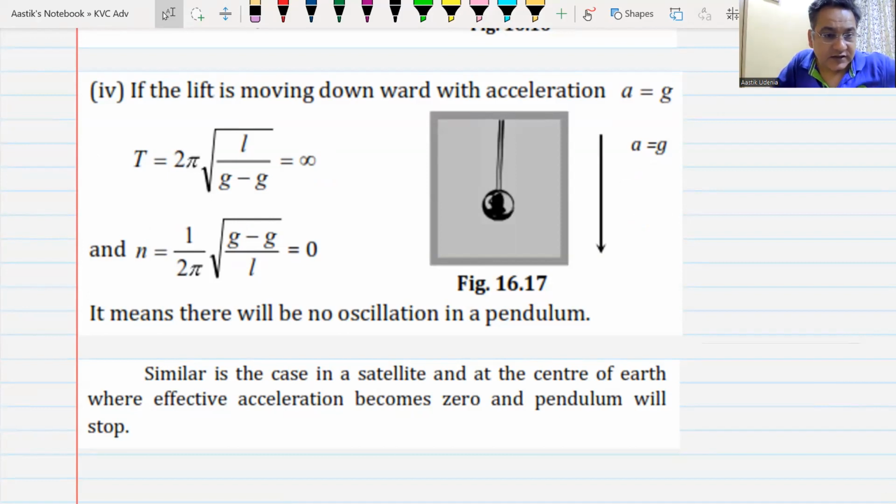Do we understand this? We understand this, beta? Yes, sir. Okay. Have you noted it down?